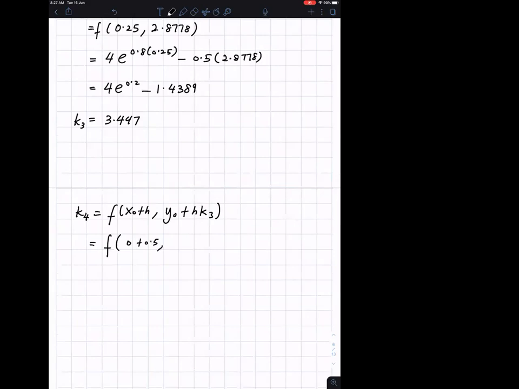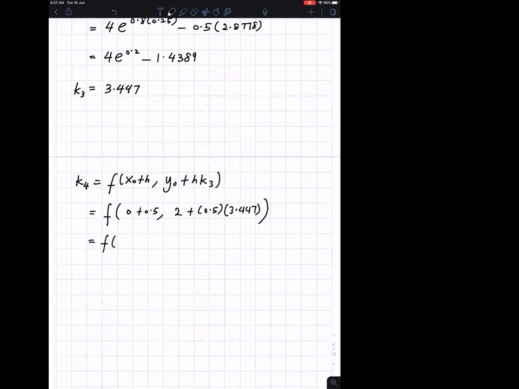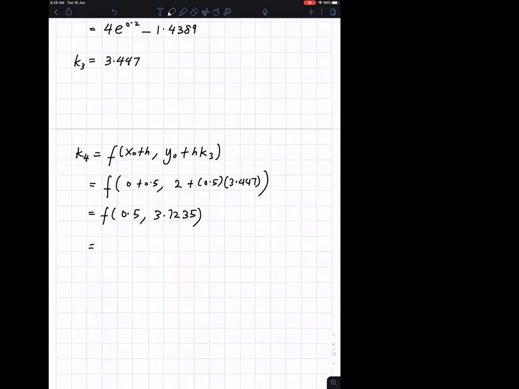Y naught is 2 plus H is 0.5. 3.447. 0.5, 3.7235. Now you plug that into the differential equation, you can get 4e to the 0.4.